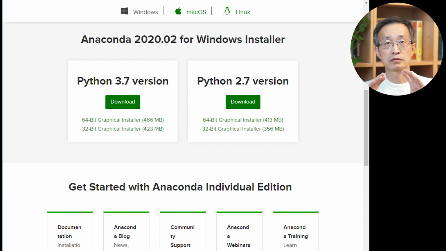When the download completes, you just double click the icon and it will install. There are not really many questions you have to answer; just install as default, and that will be enough to start. I already did that, and I actually did a Korean lecture previously, so I'm going to just exit, and we'll launch the Spyder editor.